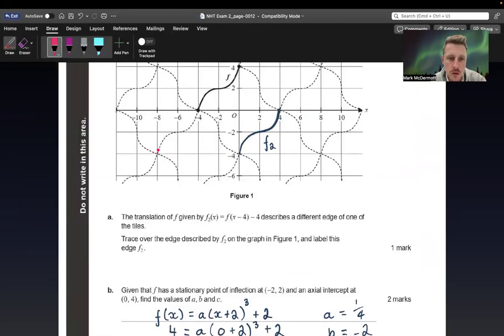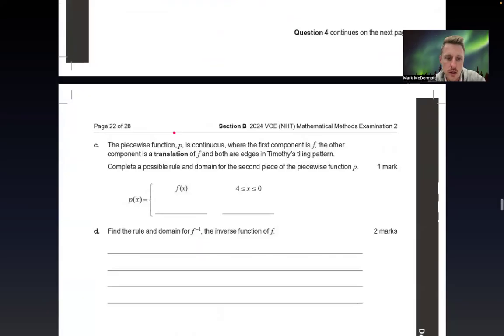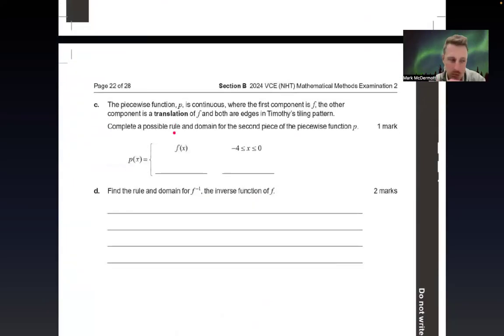So maybe if we took this one, so it needs to be a translation, but it also needs to be his tiling pattern. So, we're moving this to the left 4 and then down 4. So I reckon there's lots of acceptable answers to this, but I reckon one of them is this. Move it to the left 4 and then move it down 4.